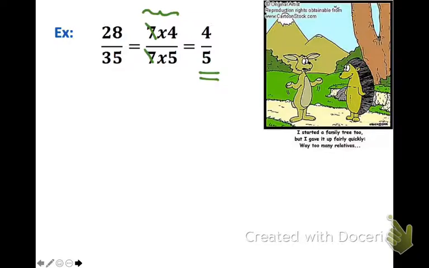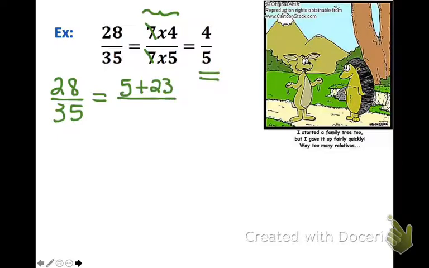When we start looking at expressions that might have addition signs and subtraction signs, we have to factor it. You can't simplify if it has addition and subtraction, and I'll show you why. Let's look at our 28 over 35 example. I know that 28 is the same as 5 plus 23, and 35 is the same as 5 plus 30.